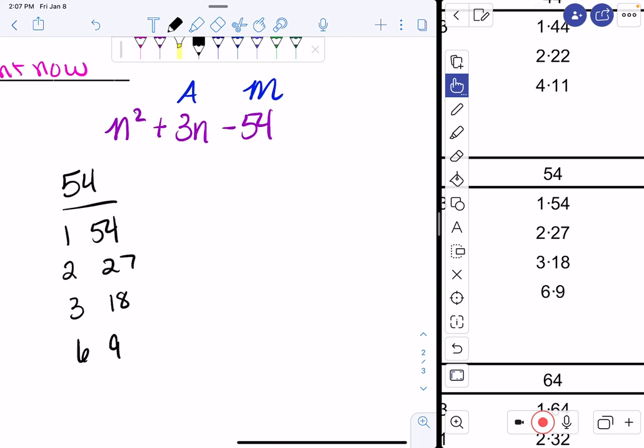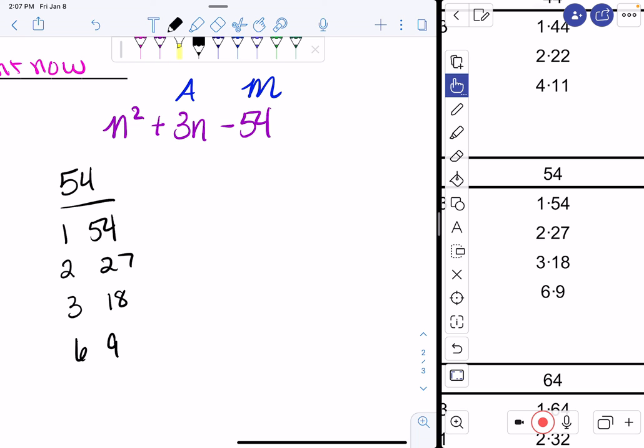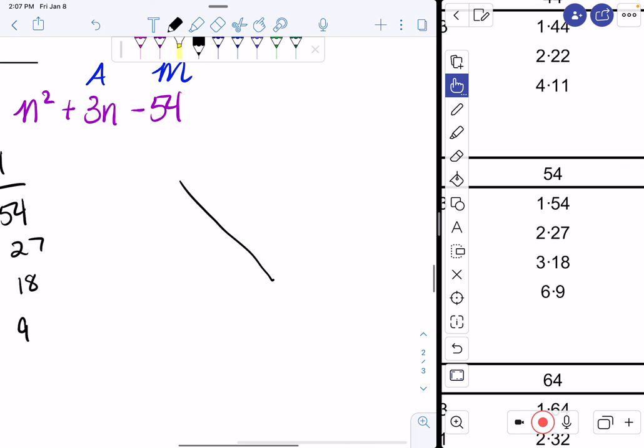I hope you can look at this and tell me which one will give me a 3. I see it right away. So I'm going to draw my diamond, put my negative 54 up top, my 3 downstairs. Remember, you want to multiply to negative 54 and add to 3.